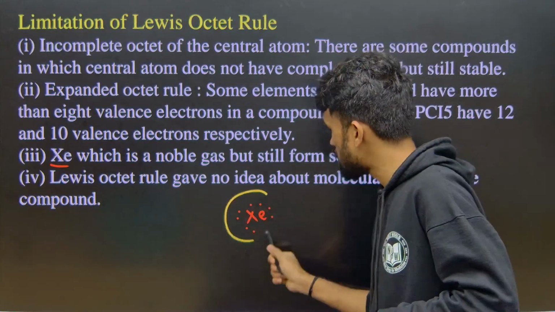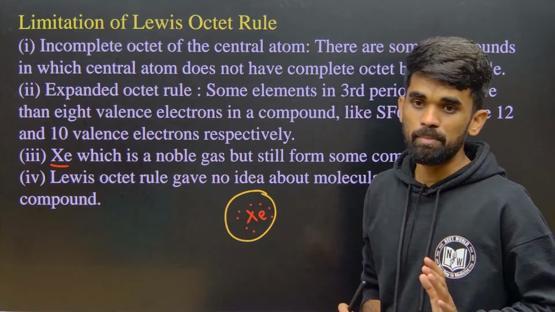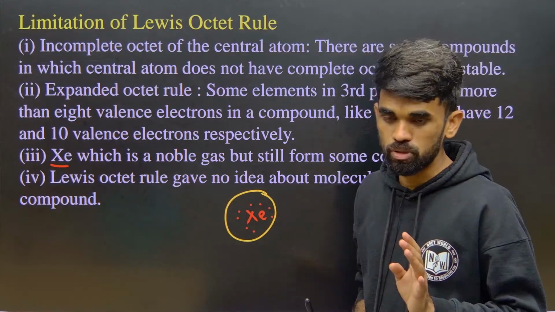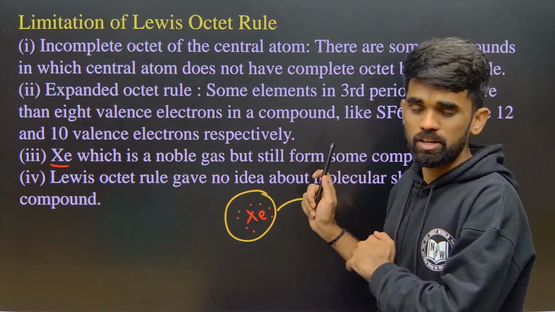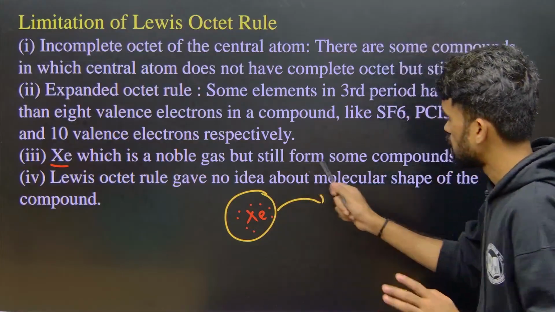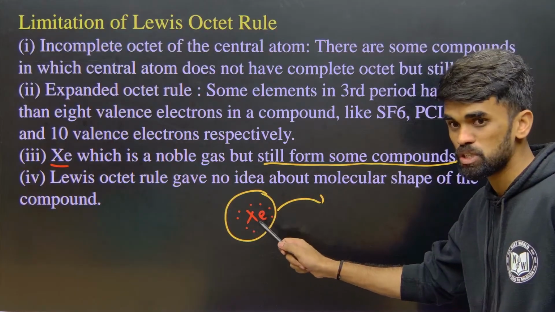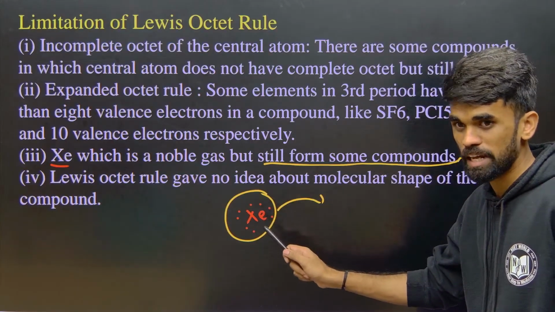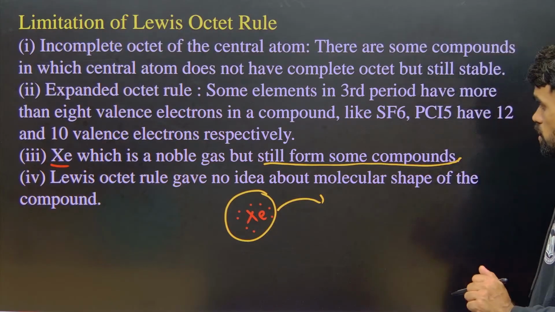But xenon has an octet configuration, yet it exhibits chemical reactions. It forms some compounds, going from octet to an expanded octet. It means 8 electrons are there, so it should not show any chemical reaction, but it is showing. So that is also a limitation. Okay, got it, I think.